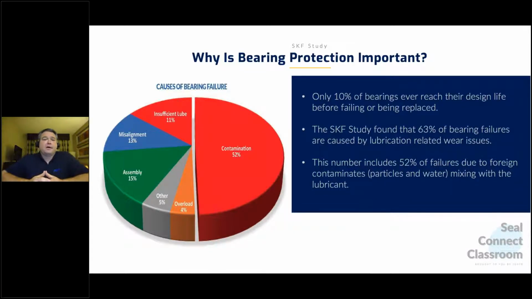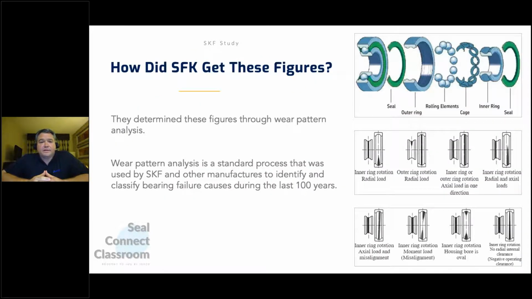So the next question would be, how did they come up with this? Where do these figures come from? So SKF, since 1907, they've been manufacturing bearings, and they've been looking at failed bearings.